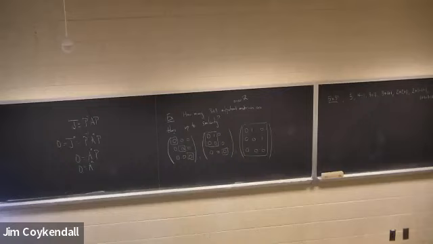I think those are all the ways to write 5 as a sum of smaller integers. Anybody see if I missed one? Does that look right to y'all? I think I got them all there.